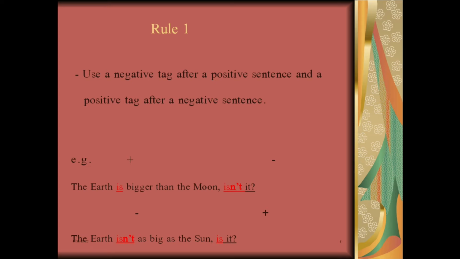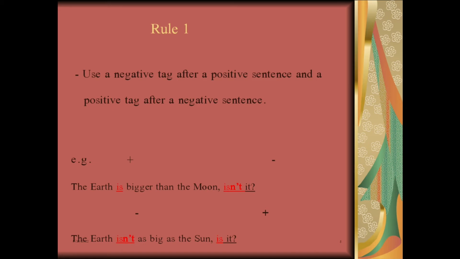Here, the main sentence, the earth is bigger than the moon, we have here is. When we use the tag question, is here is positive, so when we use the tag question, we put it in the negative. The earth is bigger than the moon, so we will say is it or isn't it? Yes, we say isn't it.